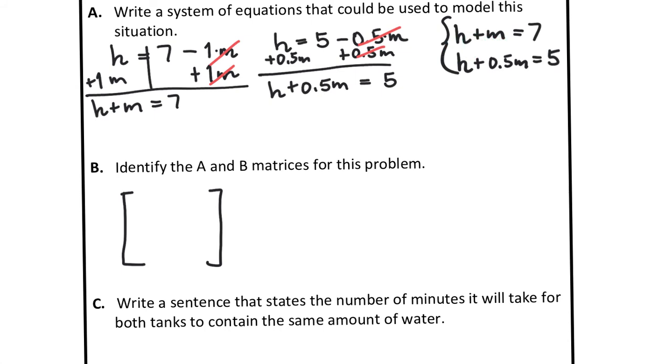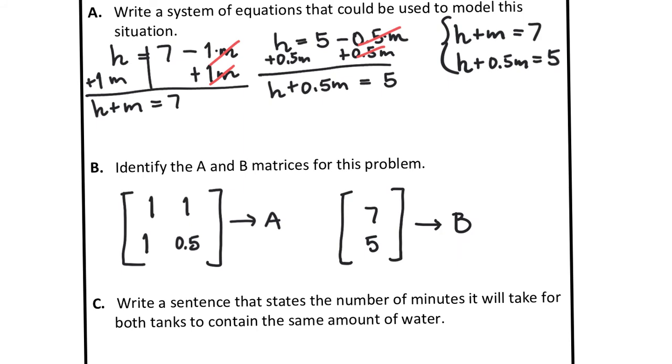So assume that there's a 1H, 1M, 1H, and 0.5 M. That's going to be my A matrix. And then my B matrix is going to be made up of the numbers after the equals. So 7 and 5. This is my B matrix. I have A, B. Right? H plus M and H plus 0.5 M.